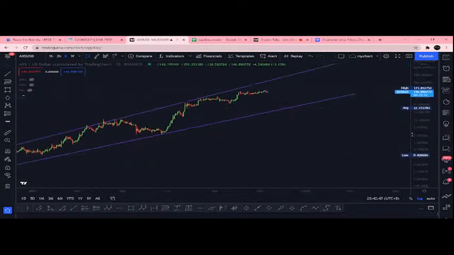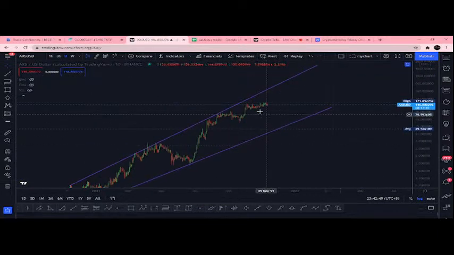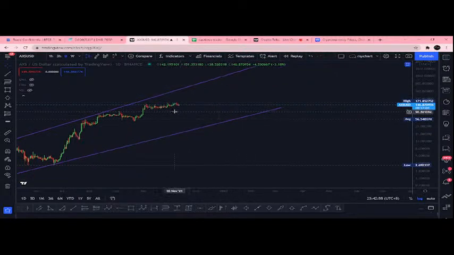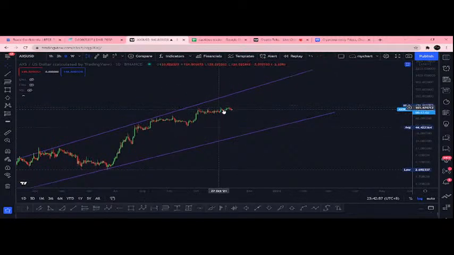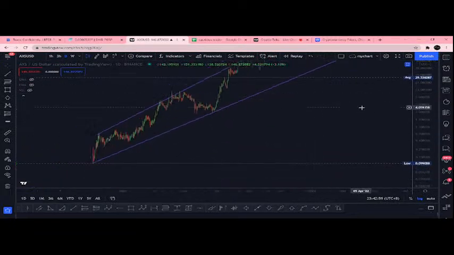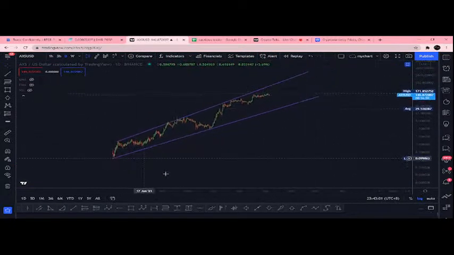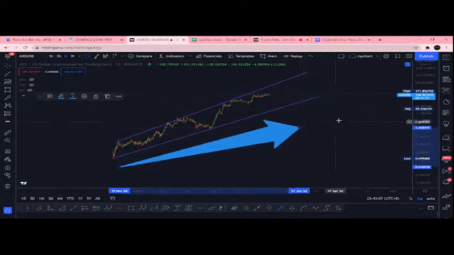Then, kung makikita nyo, it seems like a possible flag here. Possible flag forming, but of course, on conservative note, I'll wait for the breakout. But anyway, long-term pa rin naman. It's still on a long-term uptrend.